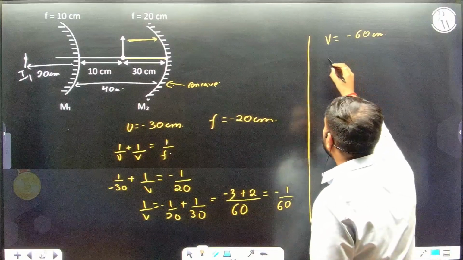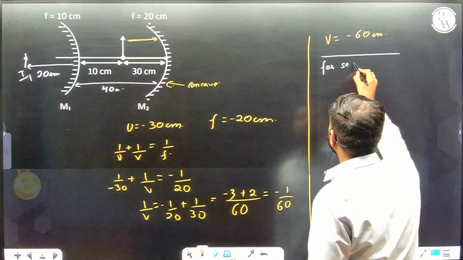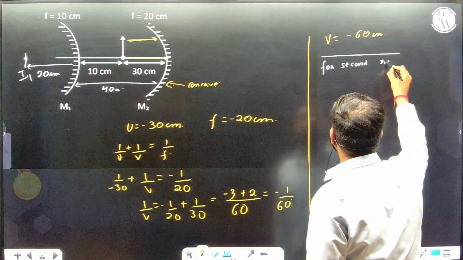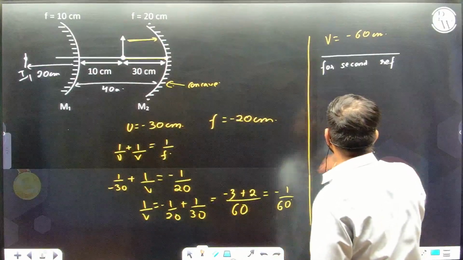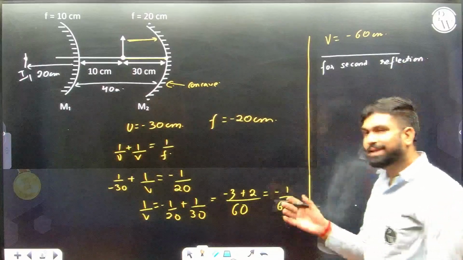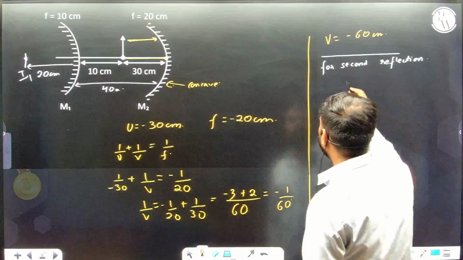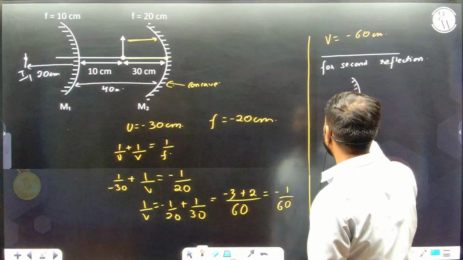So I'll write for the second reflection. I'll again apply the formula. For that I am going to write the distances. Now please note how I chose the distances.